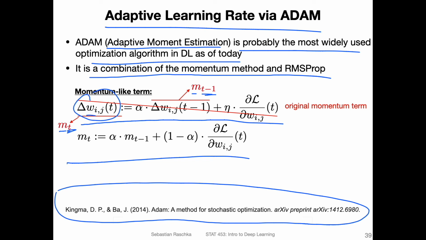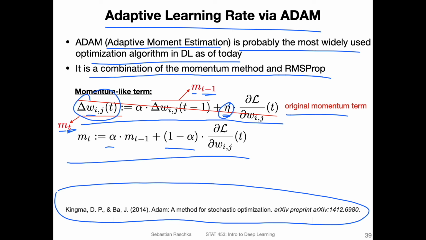But you can see it's slightly different now because we have this modified version where we have alpha, but instead of using the learning rate here, we use 1 minus alpha. So it's not exactly the same as the original momentum term. It's slightly different. So we have this 1 minus alpha instead of the eta in the original momentum.